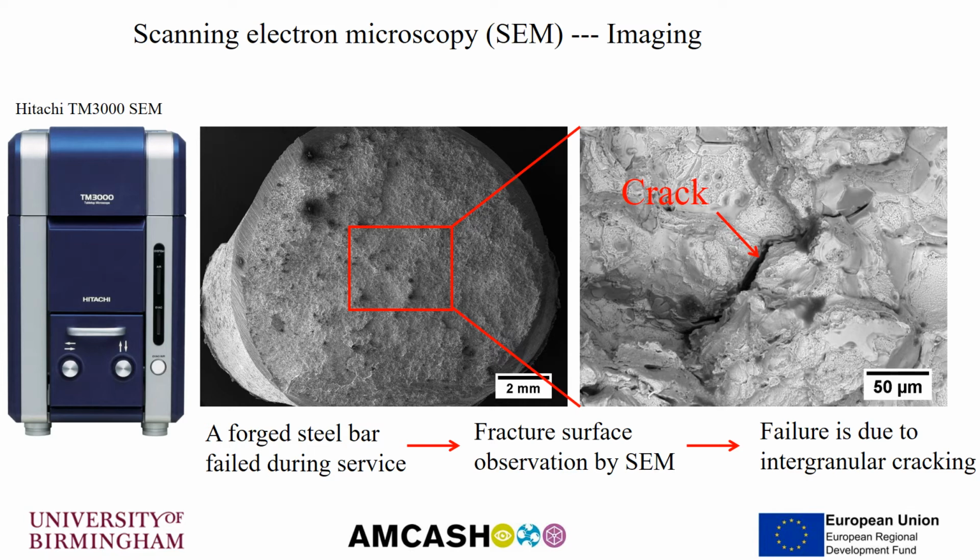As shown in the image on the right, some cracks with the size of only several microns were observed along the grain boundary, indicating that the failure is due to intergranular cracking. With this confirmation of the failure mechanism, the further development of this forged component should be focused on how to strengthen the grain boundary.